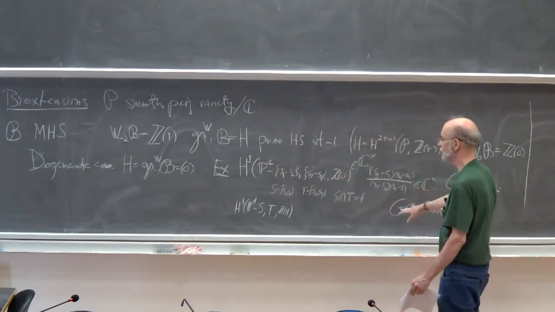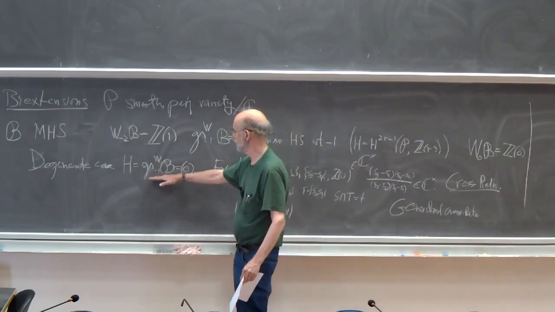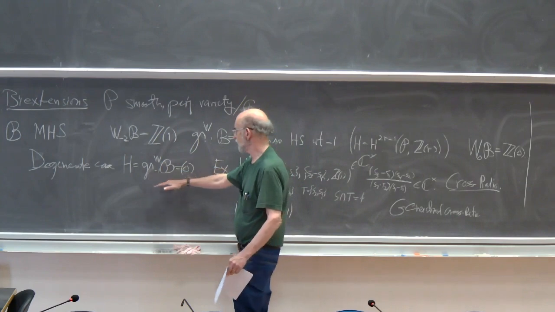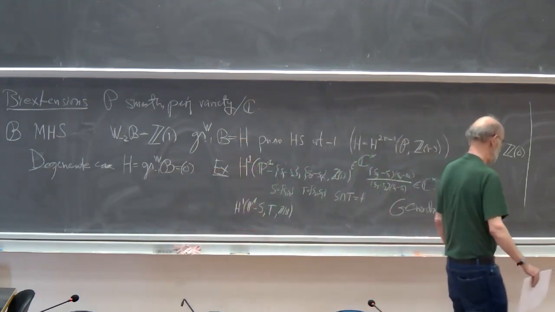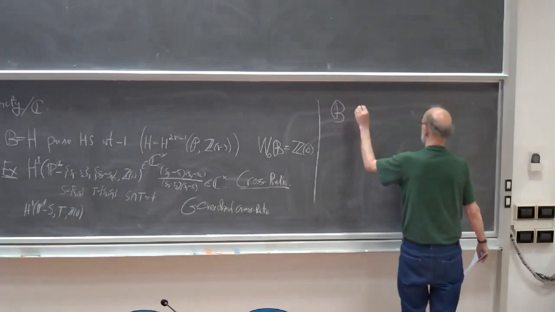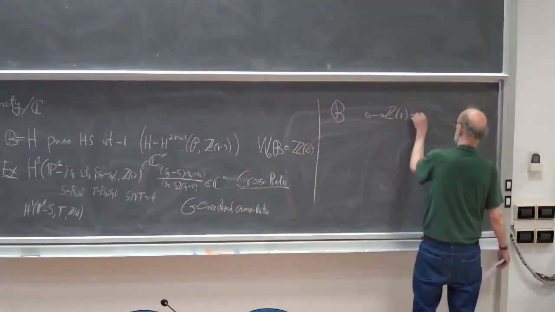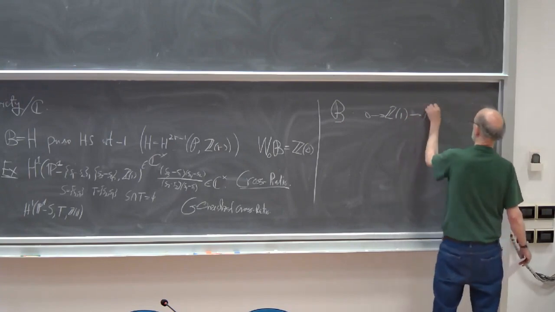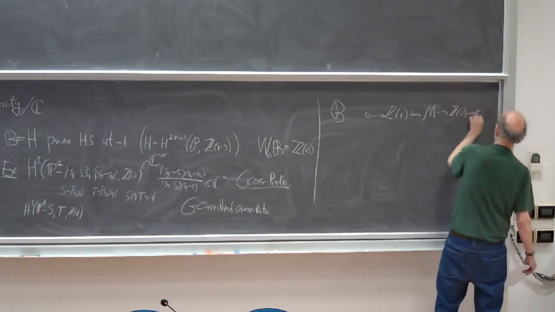I hope I said it somewhere. That's the key condition here. And so the Hodge structure B, in our case, is just a stupid looking thing. It looks like this: 0 goes to Z of 1, goes to some middle term, goes to Z of 0, goes to 0.